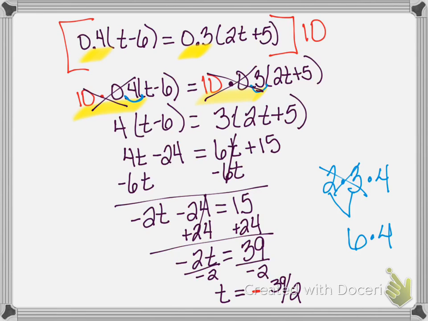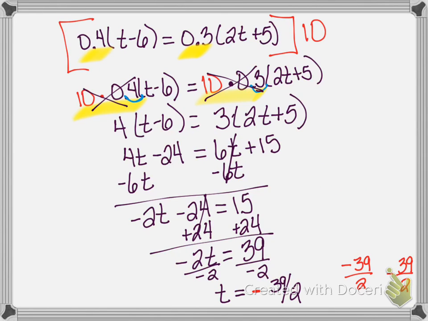Either way, you can have your negative sign in the top. You can have your negative sign right in front of it, which is typically how I write it. Or you can write it in the bottom. All of those are correct. Okay?